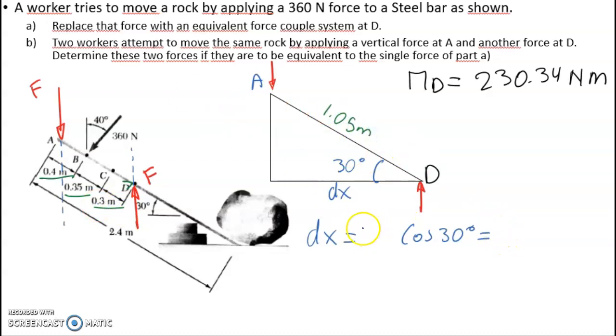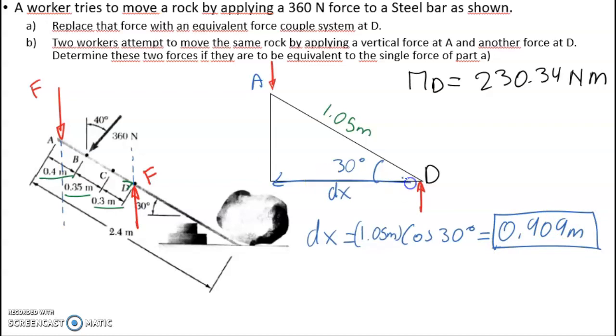So replacing in here, we get 1.05 meters times cosine of 30 degrees. That will deliver 0.909 meters of separation between these two action lines.